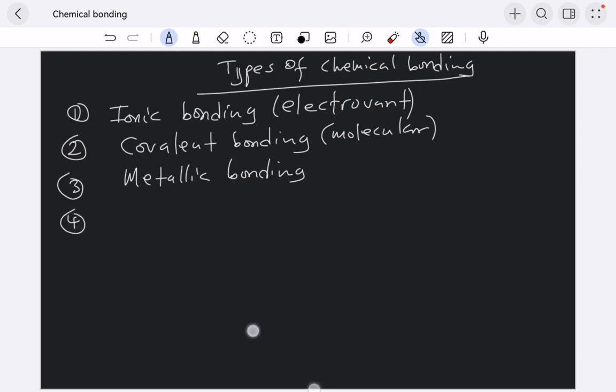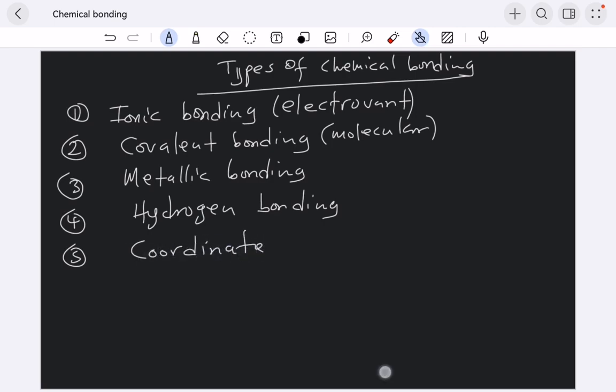We have what we call hydrogen bonding. Five, we have what we call coordinate, which is also referred to as dative covalent bonding.